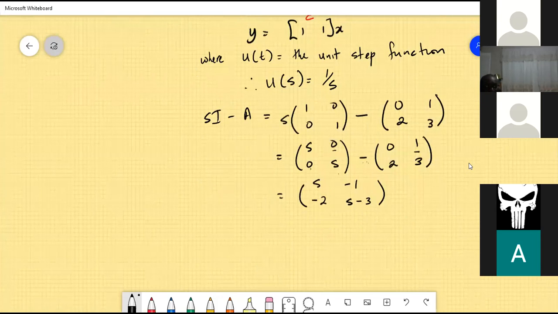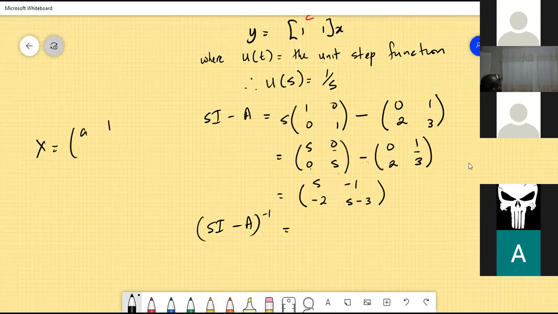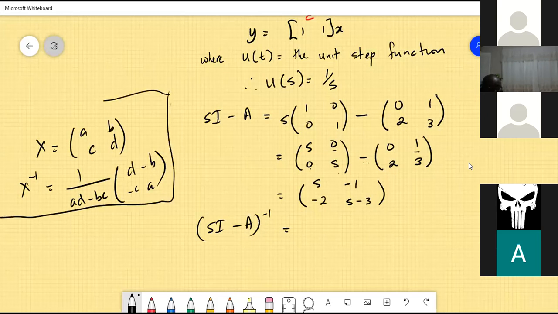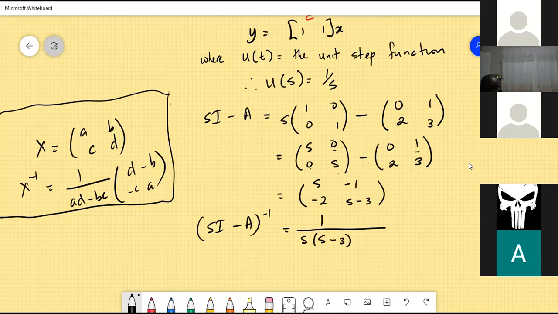So now we want sI minus A inverse. Remind ourselves that if X equals A, B, C, D, X inverse is 1 over the determinant, which is AD minus BC, times D, minus B, minus C, A. So this is going to be 1 over s into s minus 3 minus 2 minus 1.